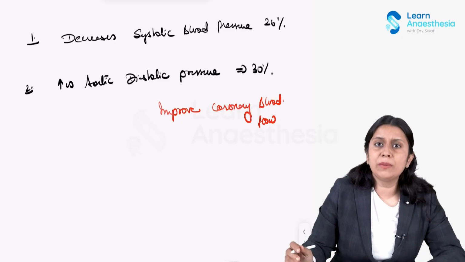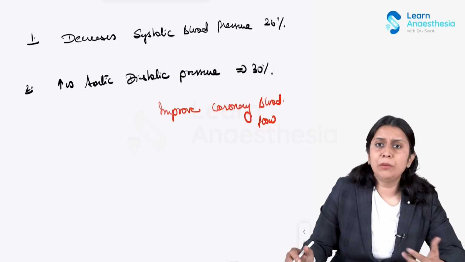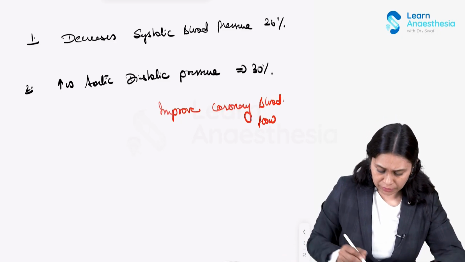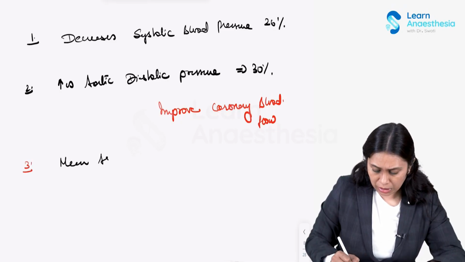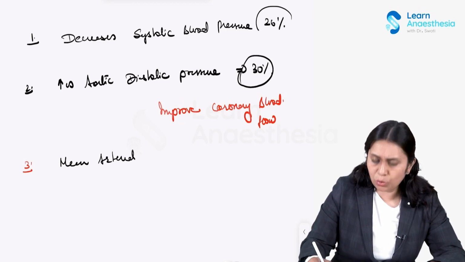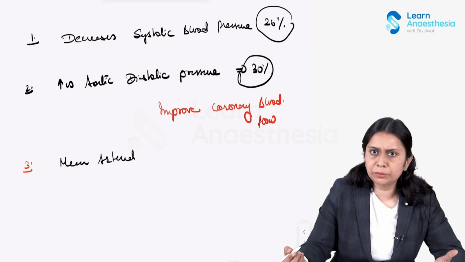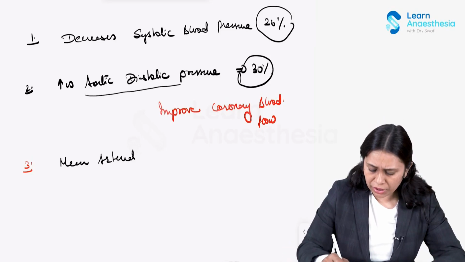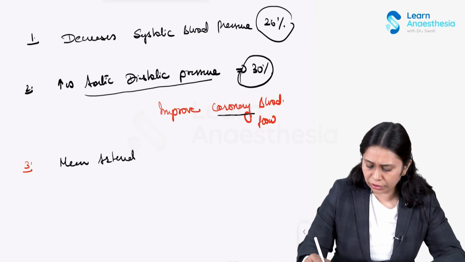And since augmentation of diastole is happening, the mean arterial pressure would also increase. Augmentation of diastole is happening more than the decrease in systolic pressure. The main effect is the augmentation of the diastolic pressure to improve the coronary blood flow.